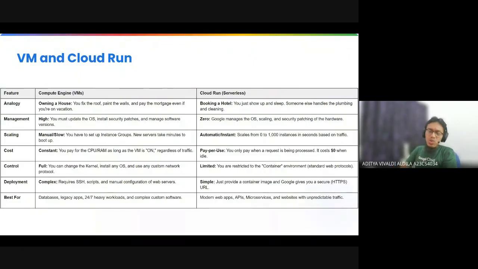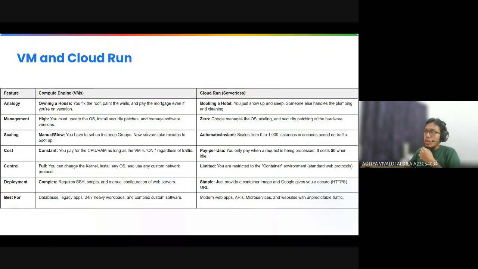Maybe you ask, why do we use VM then if Cloud Run is that easy? There are plus and minus advantages. For example, with a virtual machine, we can configure our own machine, so it's best for having a database, heavy workloads, or a server that's running 24/7.